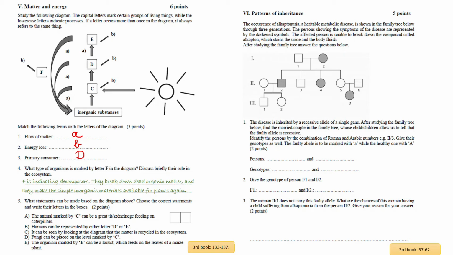What statements can be made on the diagram above? Choose the correct statements and write their letters in the boxes. So the animal marked by C can be a great tit feeding on caterpillars. That's definitely not true, because we have discussed that producers are being located here. Humans can be represented by either D or E. That's something which is true. It can be seen by looking at the diagram that the matter is recycled in the ecosystem.